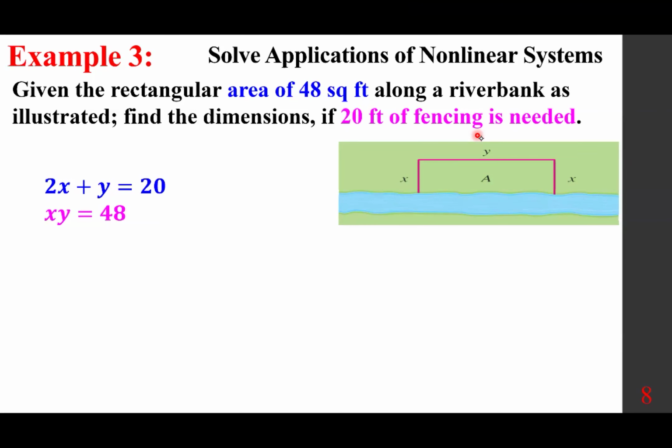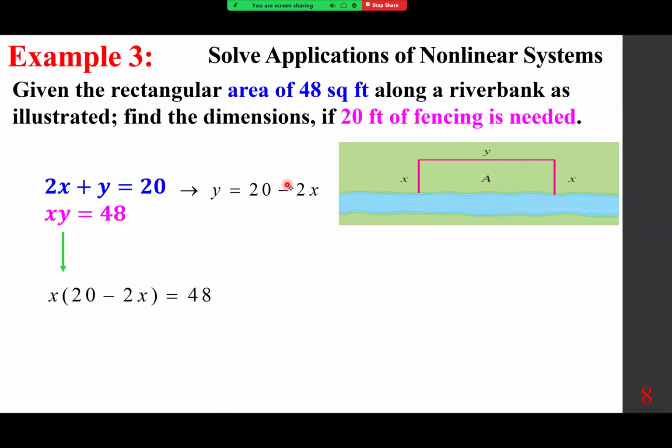So we can solve for y here. It becomes 20 minus 2x. We can replace the y here with 20 minus 2x, so it becomes x times 20 minus 2x equals 48.